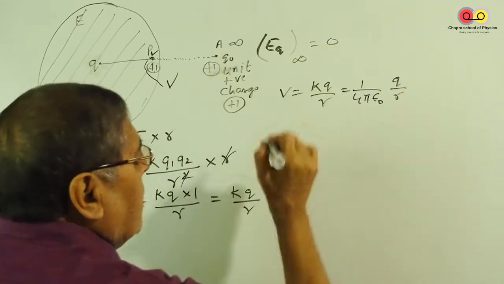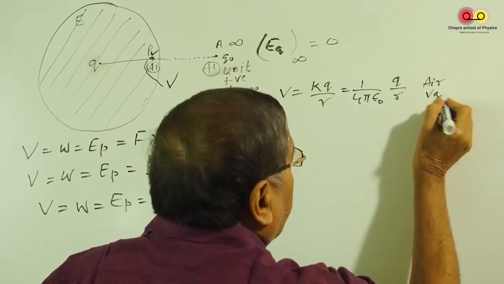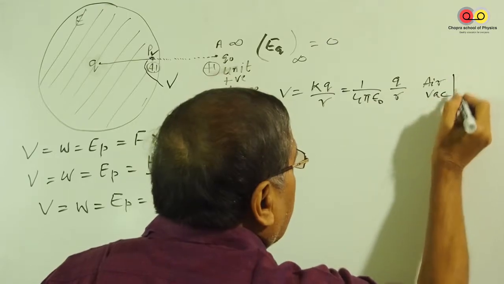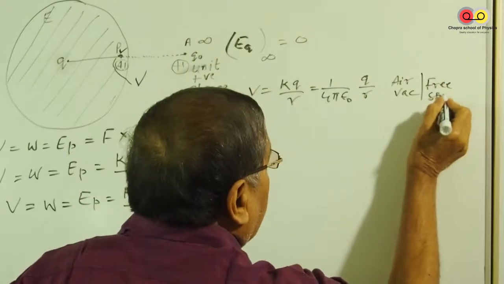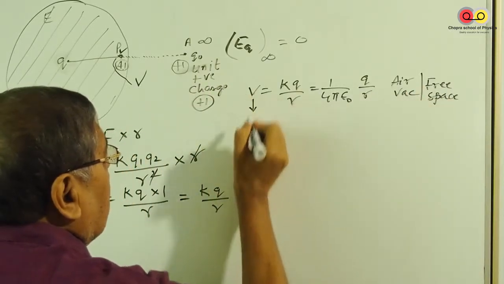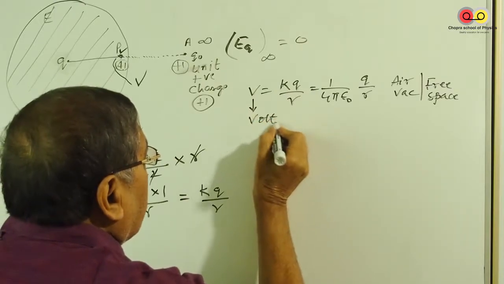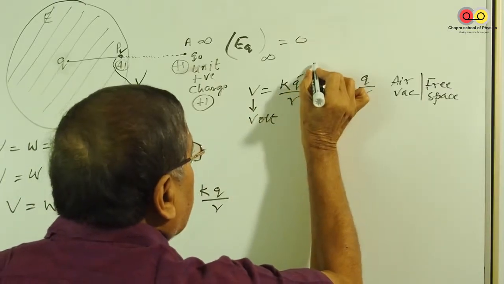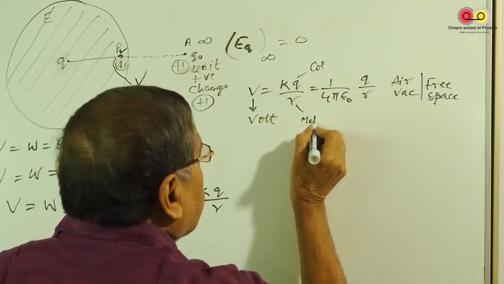So this is the formula applicable to air or vacuum, that is free space. This potential we calculate in volts. Charge will be in coulombs. R will be in meters.